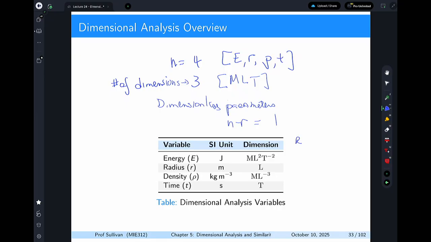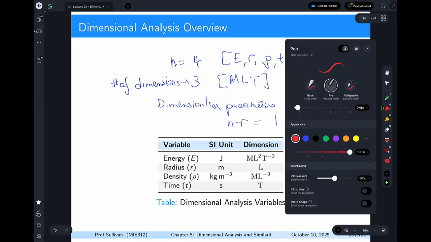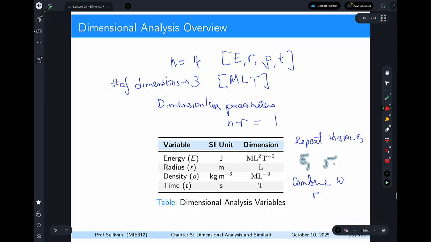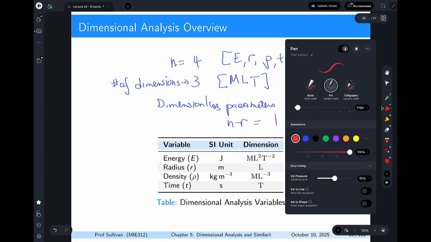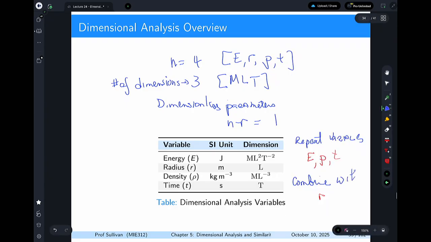And I can repeat E, rho, and T, and combine with R. So what I'm doing is looking for some sort of relationship that will get me what the energy is.